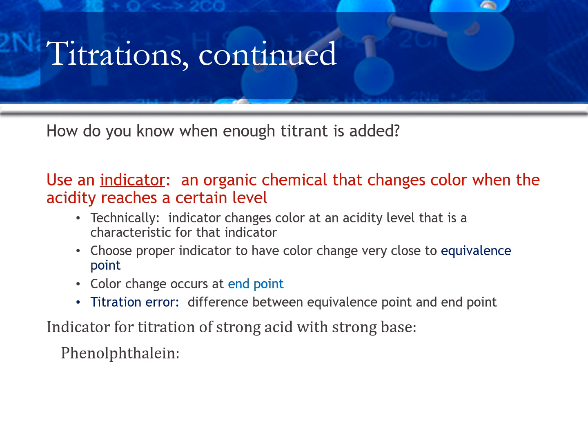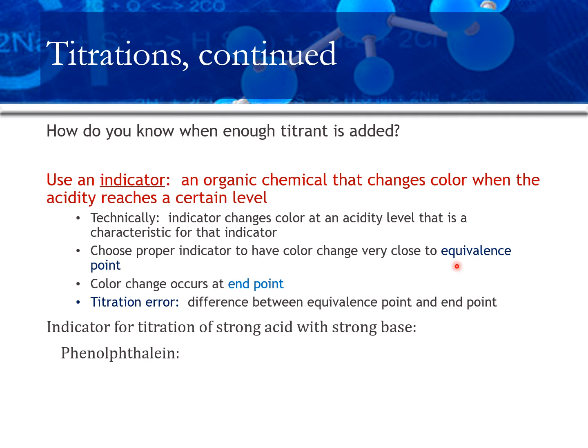Now, as an aside, these are not the most important points, but technically, the indicator changes color at an acidity level that is characteristic for that particular molecular indicator. And what we really need to do is choose a proper indicator that will change color close to the equivalence point. Technically, where the color changes is referred to as the endpoint, which is slightly different than the equivalence point.